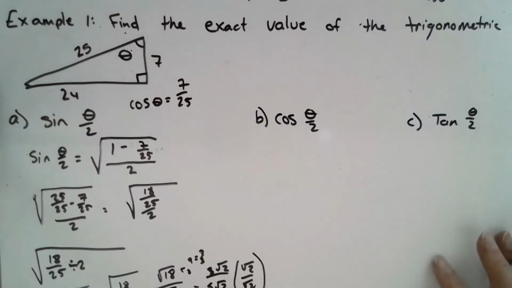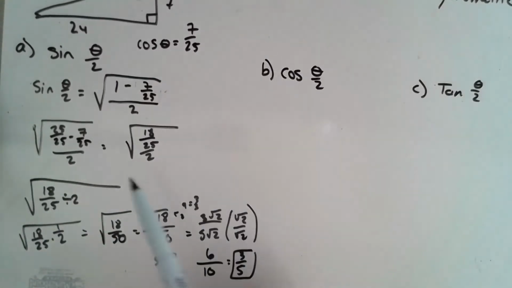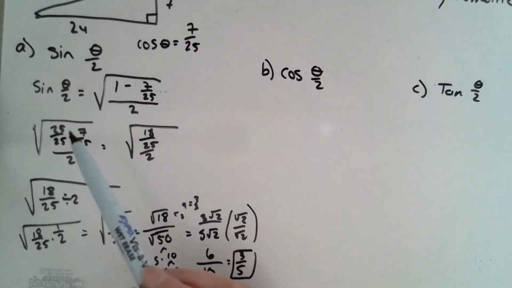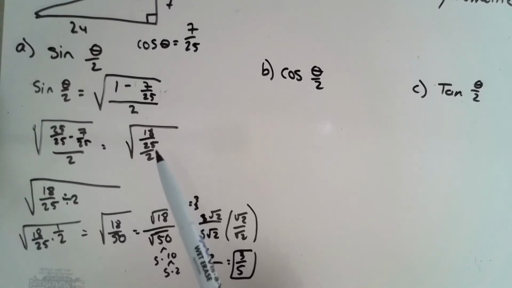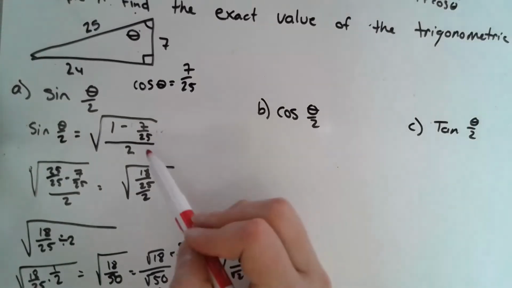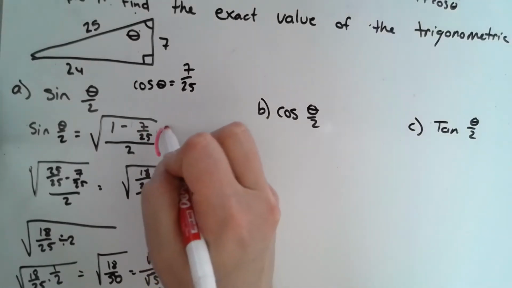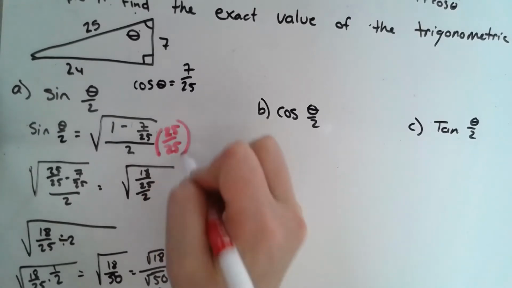Okay, as I said, I'm going to show you two different ways. This is dealing with fractions the way we've always dealt with them, getting a common denominator, adding them together to a single fraction, taking that fraction, keep, change, flip, then simplify. Another way we can do this is right here at the very beginning. That fraction is what makes it difficult. So I'm going to take this whole thing and times it by 25/25.